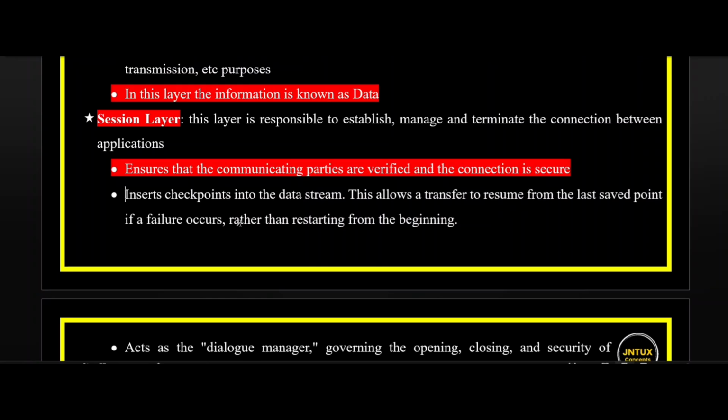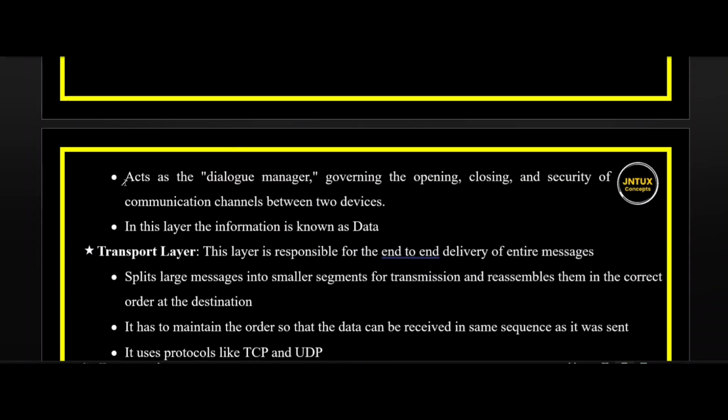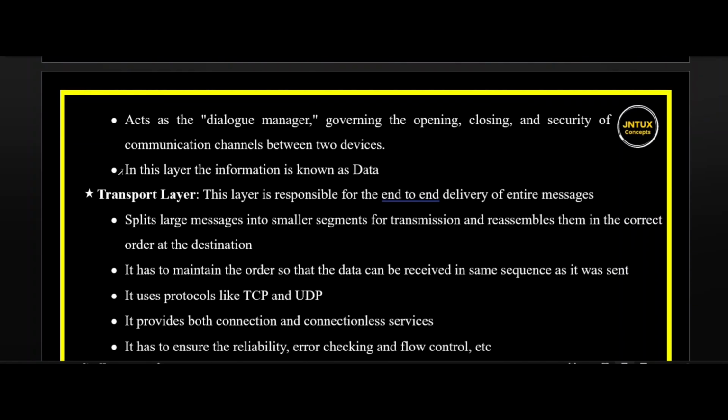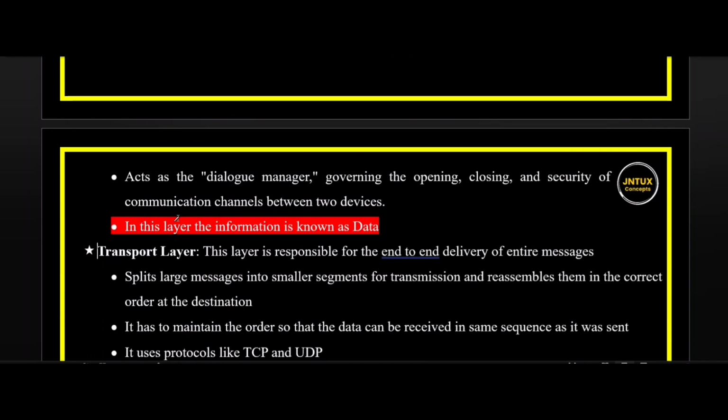If a failure occurs, rather than restarting from the beginning, it can start from the particular saved point or checkpoint. It acts as a dialog manager, governing the opening, closing, and security of communication channels between two devices.